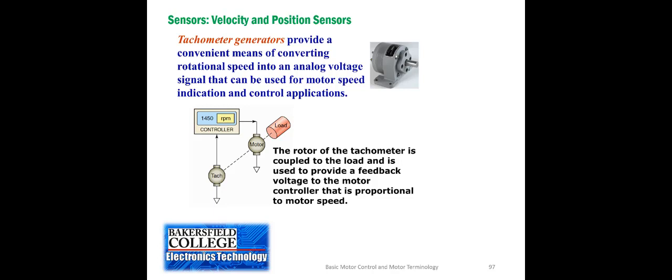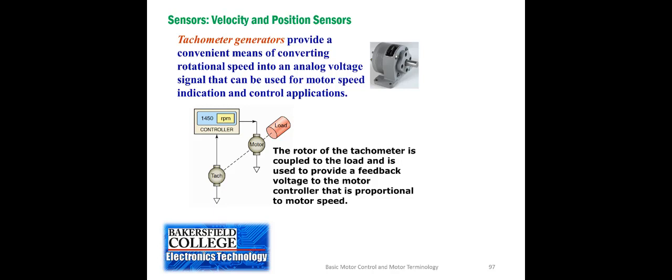There are times when we need to make sure that the motor itself is operating at the correct speed. For example, when we use a type of motor controller called a variable frequency drive, we can use that drive to make that motor go at a certain speed. However, the drive does not know for sure that the motor is going at the right speed.